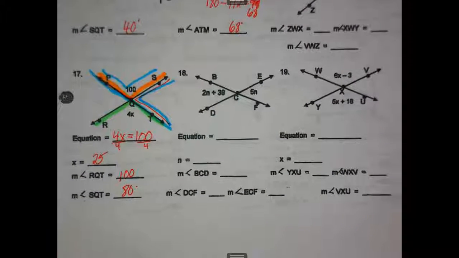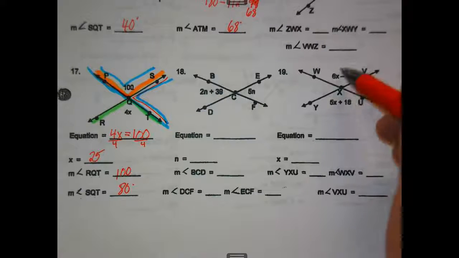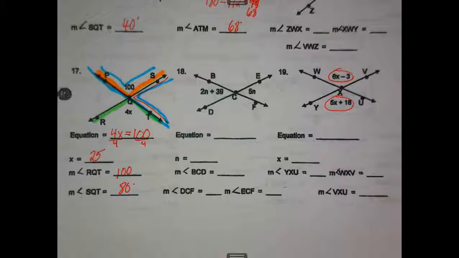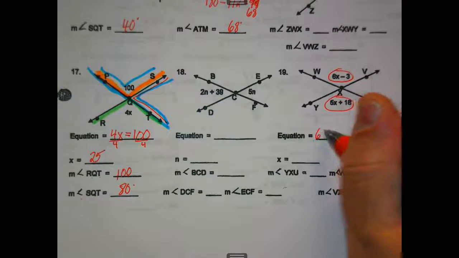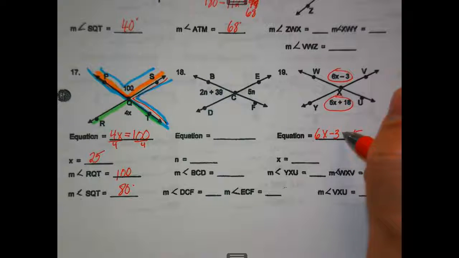Let's do another one of those. 219. Okay, I know that these two angles are vertical angles. So what do I know about their measurements? Equal.